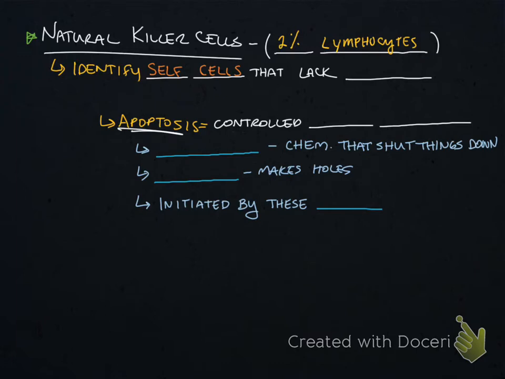So they identify self cells that actually lack MHC1. So if they are supposed to have these MHC1 complexes and they don't, then these natural killer cells will come in and attack them. So what do they do to them? Well, they cause them to go through apoptosis, which is controlled, also called controlled cell suicide or death.